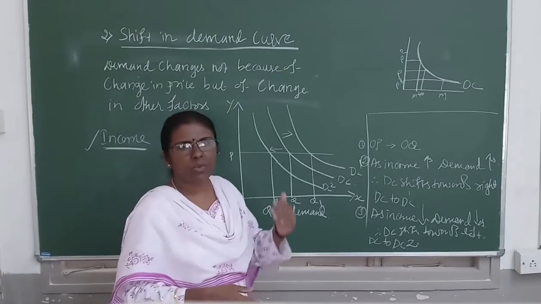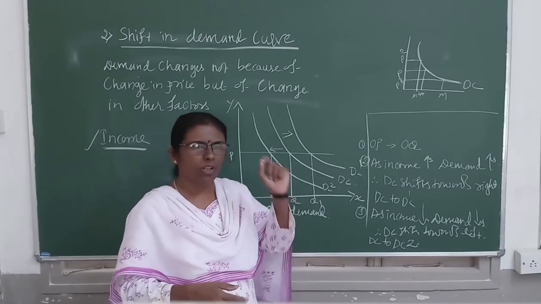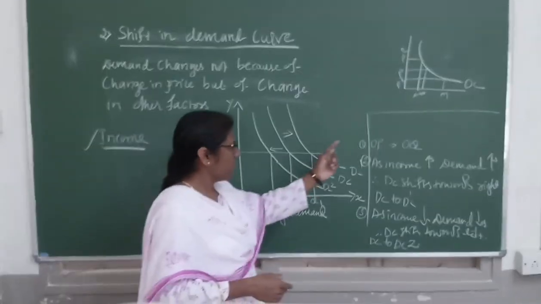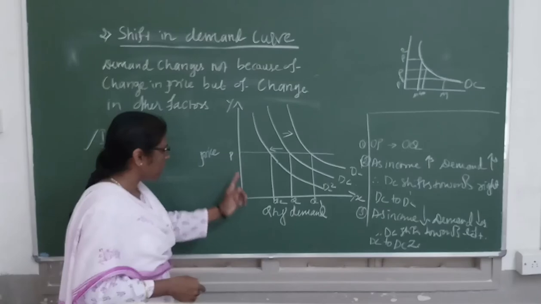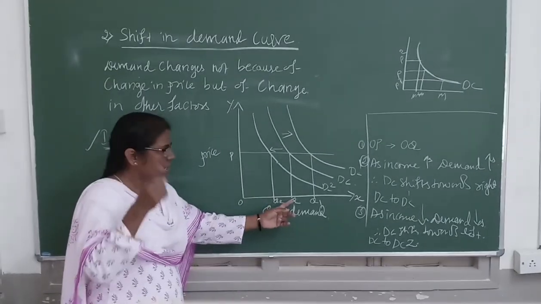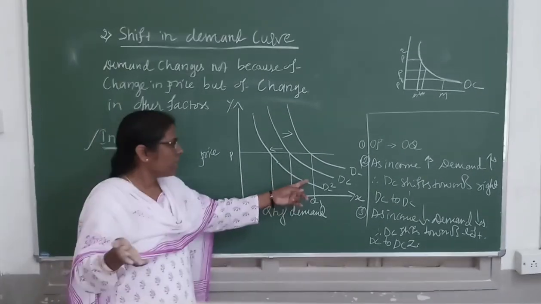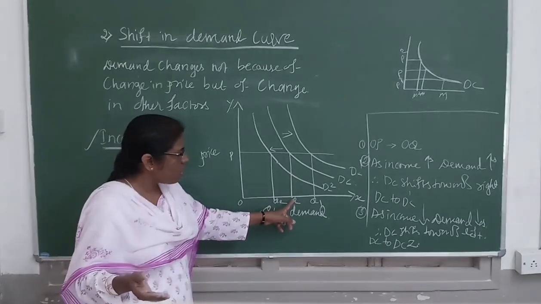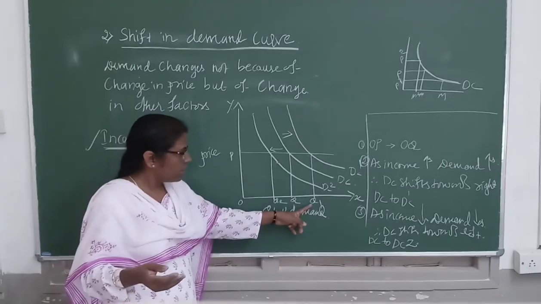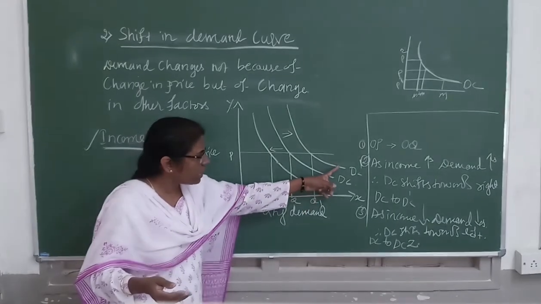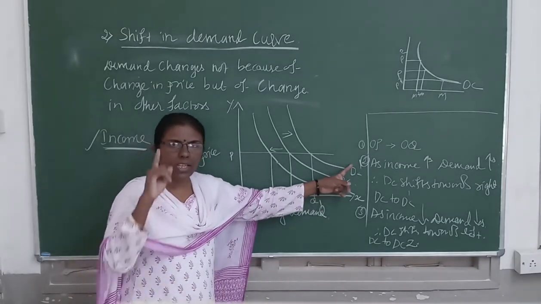Let us try to understand this with the help of technical points. At OP price, OQ is the demand. The first point: as income increases, demand also increases from OQ to OQ1, and the demand curve shifts towards the right, that is DC to DC1.